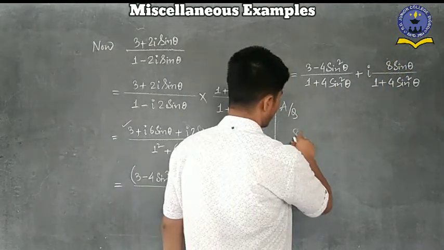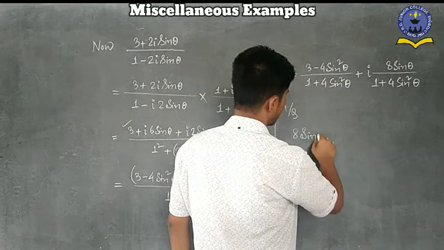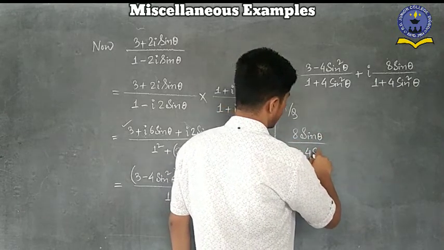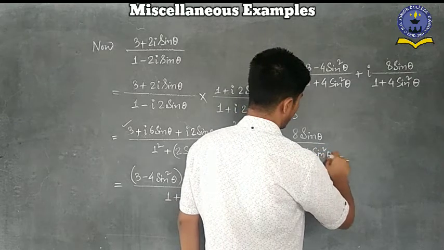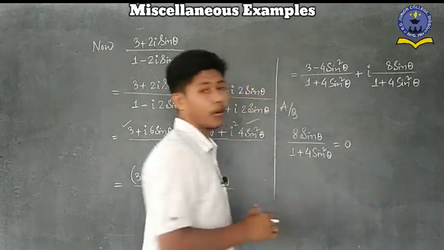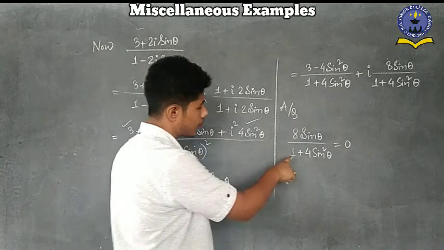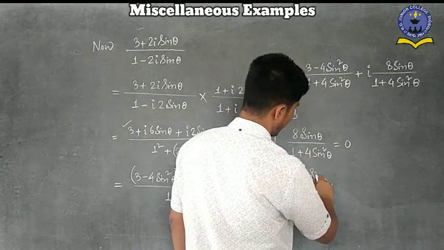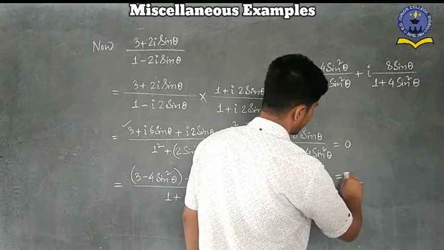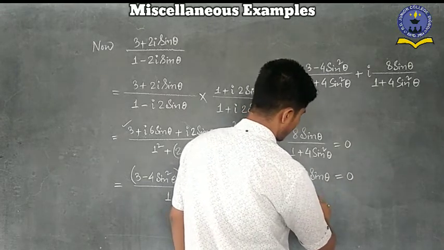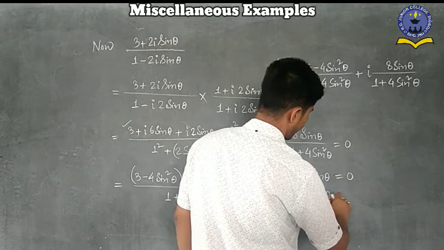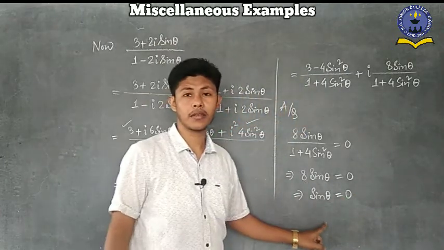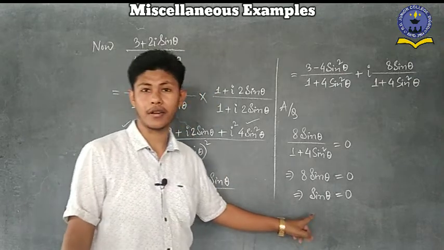So here directly write 8 sin theta divided by 1 plus 4 sin square theta equals to 0, is not it? Now in this case if you cross multiply, simply here we get 8 sin theta equals to 0, or from here we get sin theta equals to 0. Is it clear?